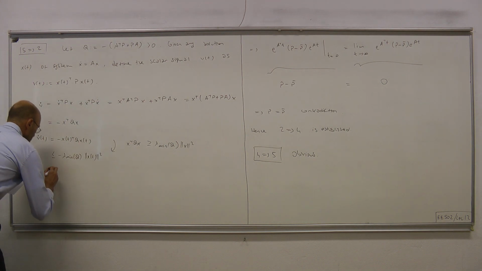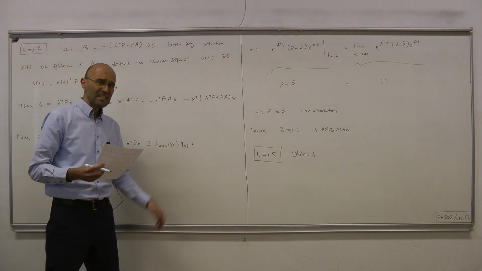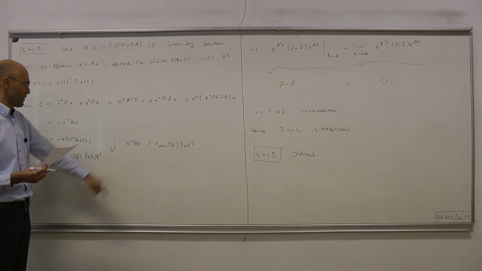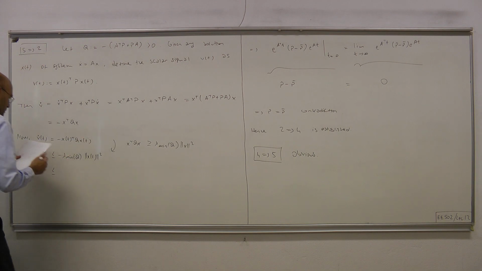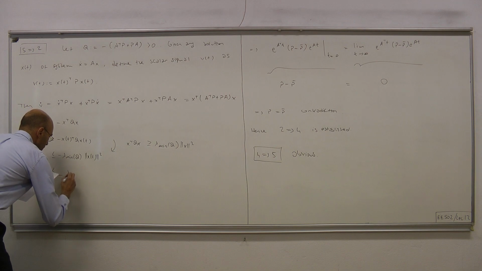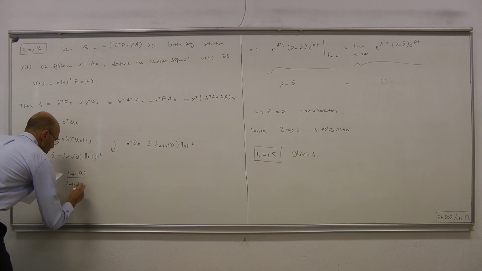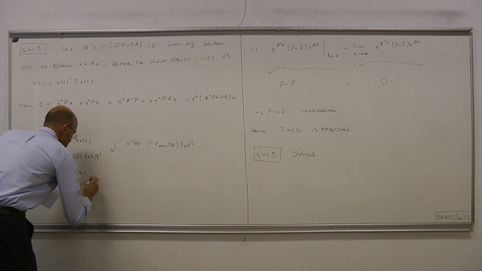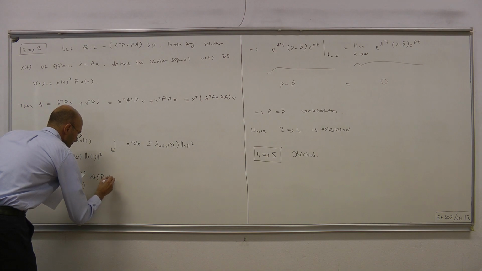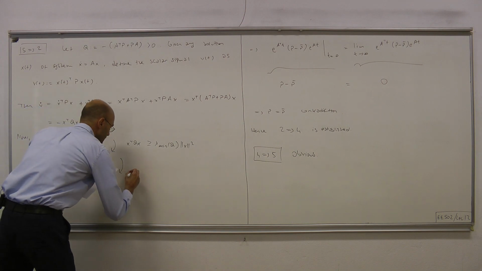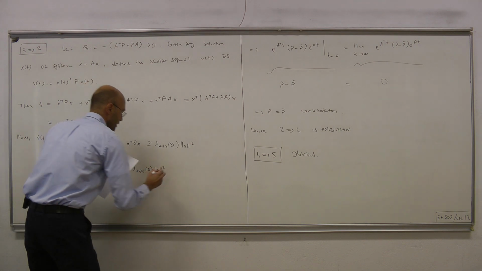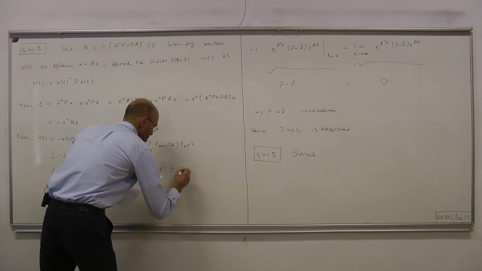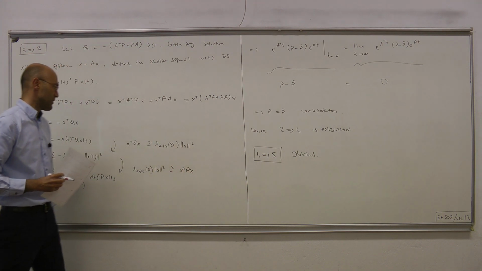Anyway, to go to the next step, we will use the upper bound, and we can write lambda min Q over lambda max P times x(t) transpose P x(t), where we use the fact that lambda max P norm square x upper bounds x transpose Px.